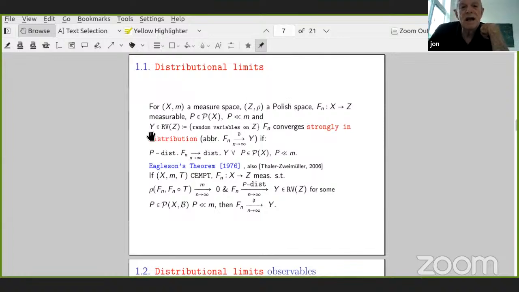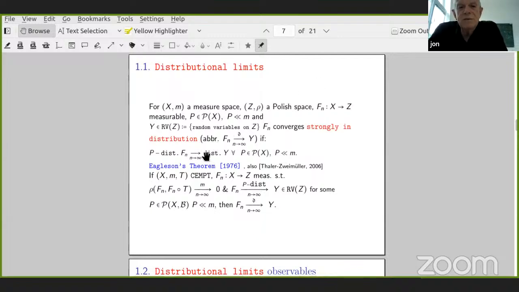Now we take Y to be a random variable on Z. And then we say that Fn converges strongly in distribution if the P-distribution tends to the distribution of Y for every probability P which is absolutely continuous with respect to the measure. Okay, so this is a strong distributional limit.